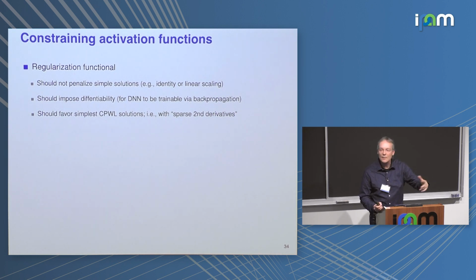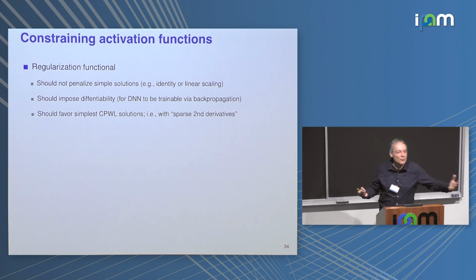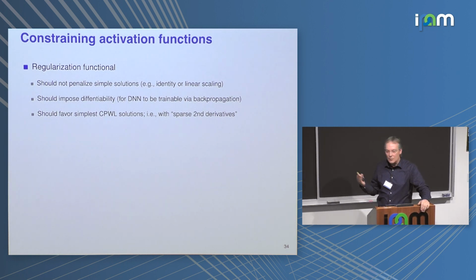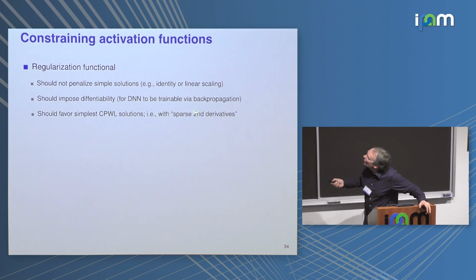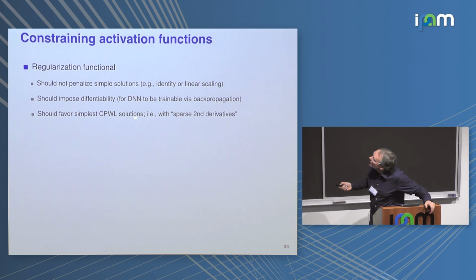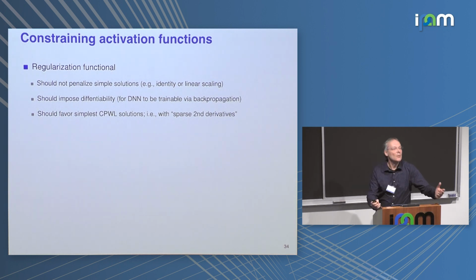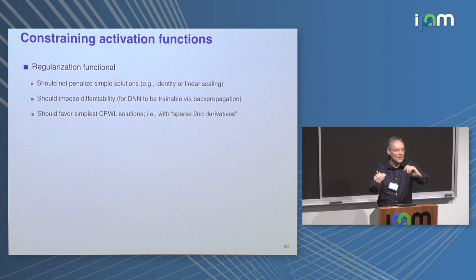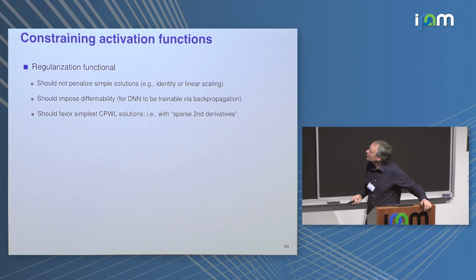So let's say taking a second derivative gets rid of linear. We should be differentiable in order to be able to do backpropagation. Therefore it's good that our activation be differentiable and should favor continuous piecewise linear, because that's what everyone uses.